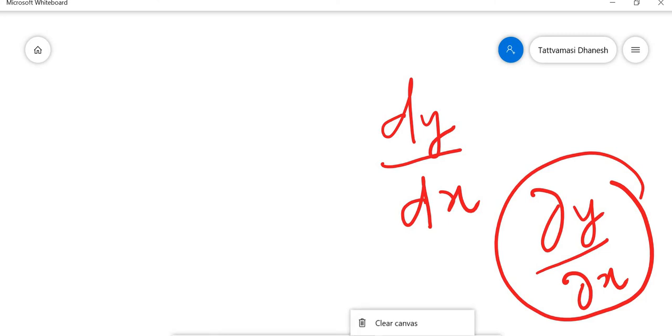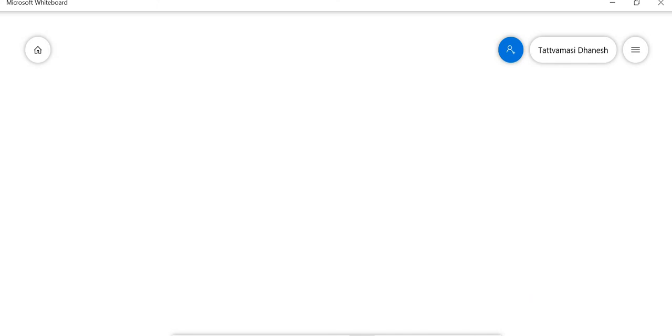For example, in normal differentiation, you have a function y is equal to x square plus 3x. This function y depends on x. x is the independent variable and y is the dependent variable.